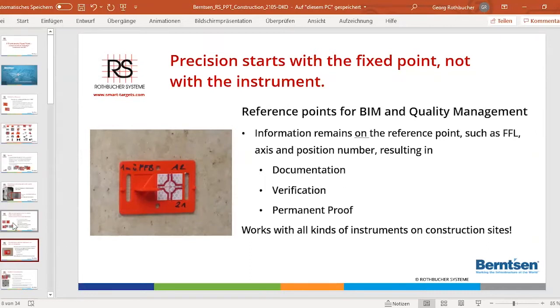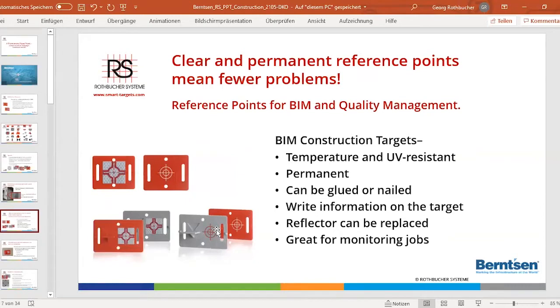Important is that all our targets are made of the highest quality synthetic material. That means we guarantee plus minus 80 degrees Celsius. This is a temperature it's usually not exposed to outside. Otherwise, sometimes we have very hot situations, as an example when we do a survey next to an iron oven.